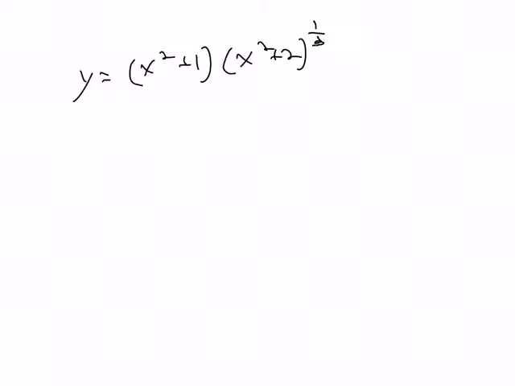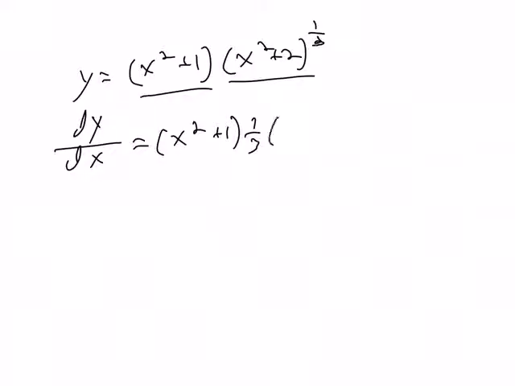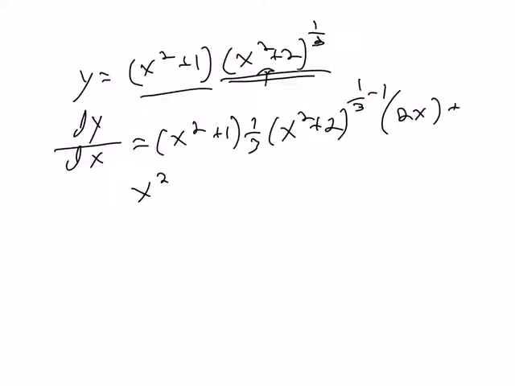So now again, dy over dx is going to be, so I'm going to leave this the same, x squared plus 1, take the derivative of this, which is going to be a third x squared plus 2 to the third minus 1 times the derivative of the function inside, which is 2x, plus, leaving this the same, x squared plus 2 to the 1 over 3 times the derivative of this, which is just 2x. No chain rule involved over there. Okay, problem 21.